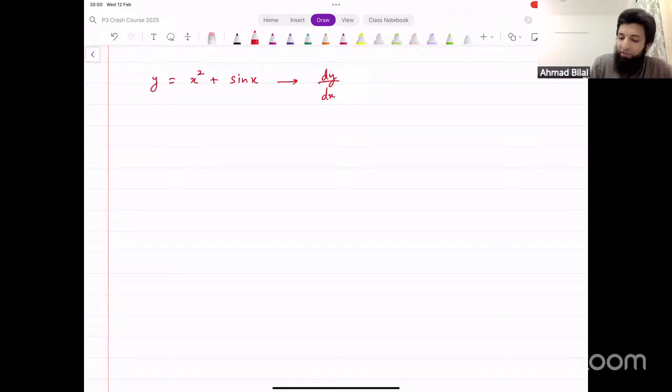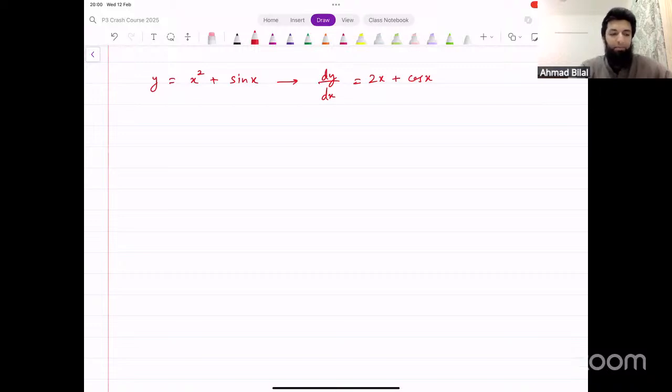This can be differentiated as derivative of x squared. What's that? That's just going to be 2x. Derivative of sine x. What's that? That is cos x. So dy over dx turns out to be 2x plus cos x in this case.